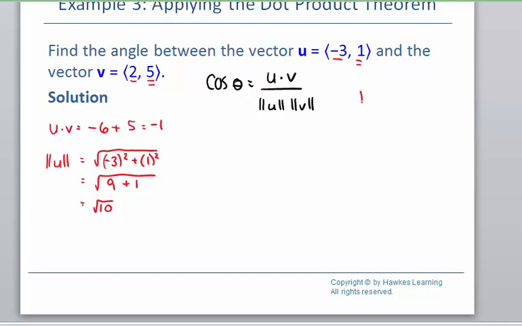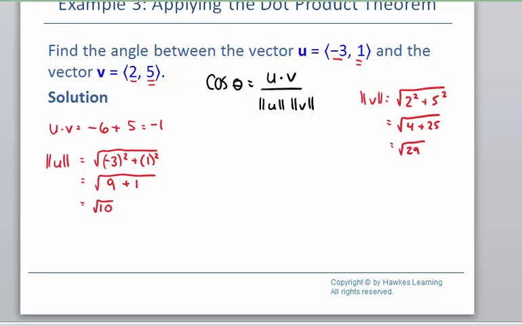We also need to find the magnitude of vector v. So I'm going to take my first component, which is 2, square it, and add it to my second component, which is 5, squared. 2 times 2 is 4. 5 squared is 25. And so the magnitude of vector v will be the square root of 29.